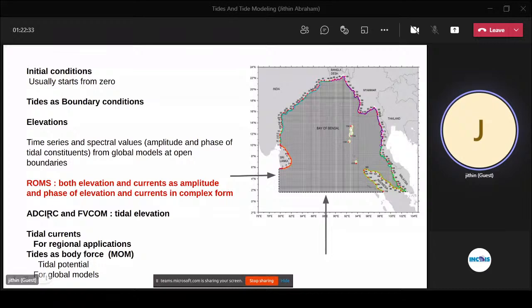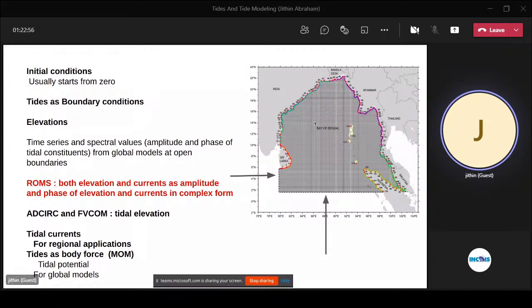And in some models, for example ArtCirc and FVCOM, we can simulate tides with tidal elevation also. For regional applications, we usually use the tidal elevation or currents at the boundaries.